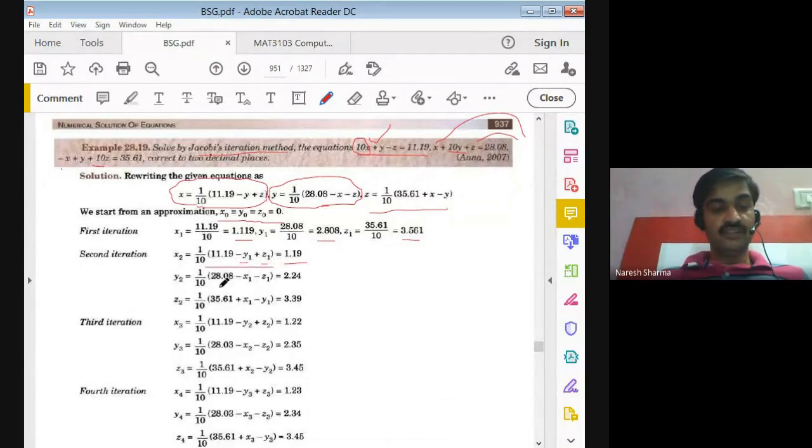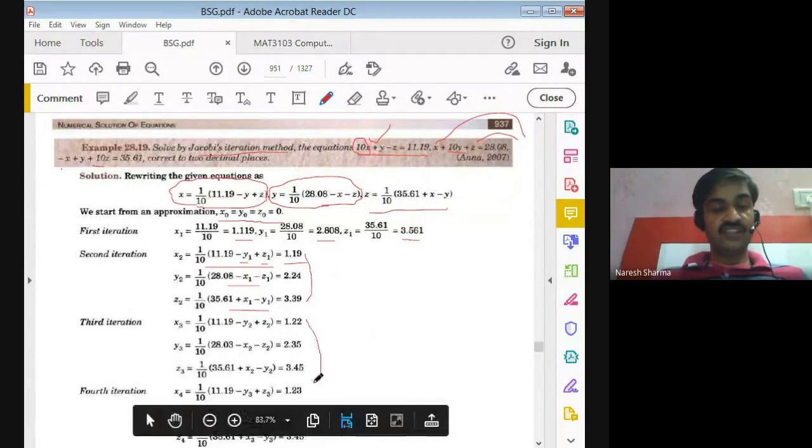Similarly, put your x1 and your z1 in your second equation, and similarly x1 and y1 in the third equation. You get the new approximation or iteration of your x, y, z, which is your x2, y2, and z2. So this is your result. Now again put these in the right hand side, you get your x3. Similarly, put these in the right hand side, you get your x5.